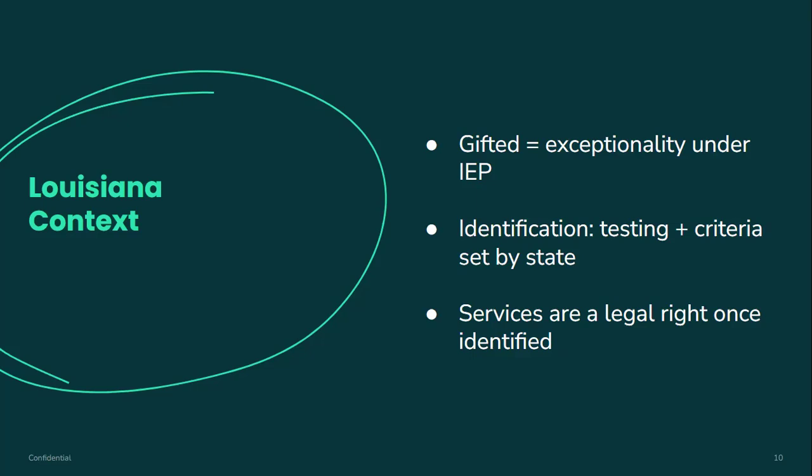So this might not be something that's said or stated, but it might simply be one of those unwritten drivers and unwritten factors that can create underrepresentation and under-identification in general in our schools.